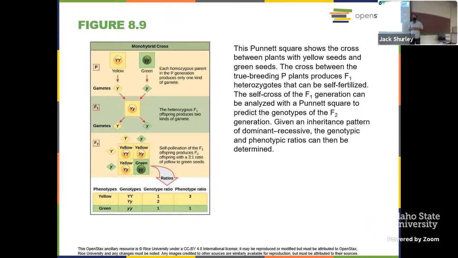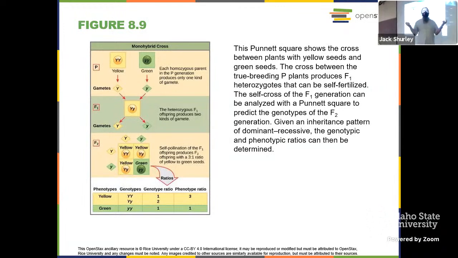If you were trying to do a Punnett square with all 7 different characters that Mendel looked at, you would have many, many boxes. It would be humongous. So initially with this monohybrid cross, we've got true breeding plants that we start with. So always yellows and always greens, the gametes that they can produce.